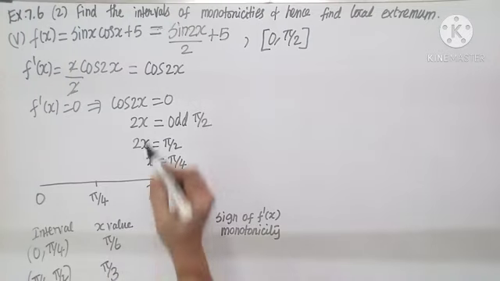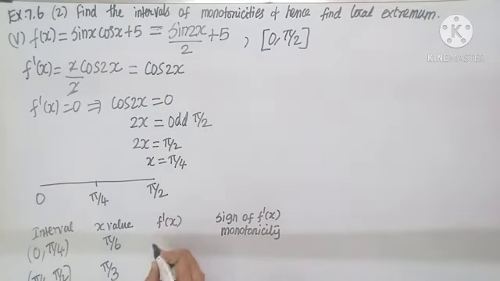In f dash, the answer is cos 2x, it is cos 2 pi by 6, cos 2 pi by 3. Pi by 6 is 30, 2 pi by 6 is 60, first quadrant cos is positive. 2 pi by 3 tells me it is in second quadrant, cos is negative.